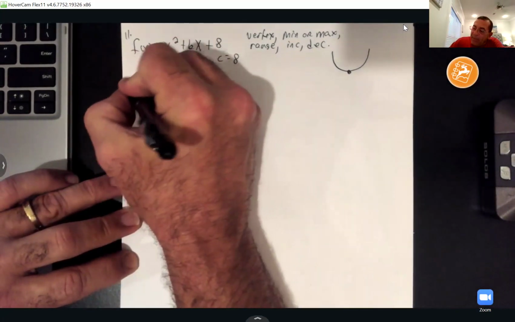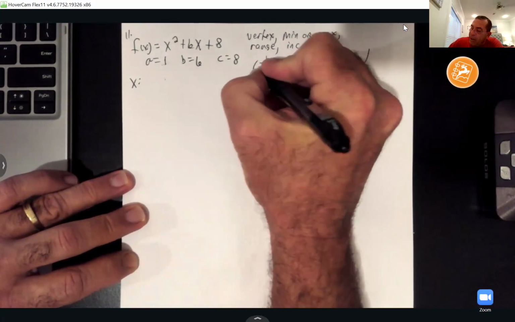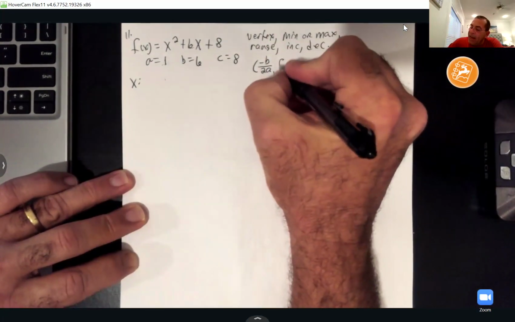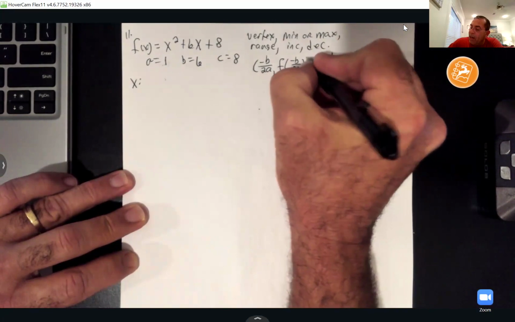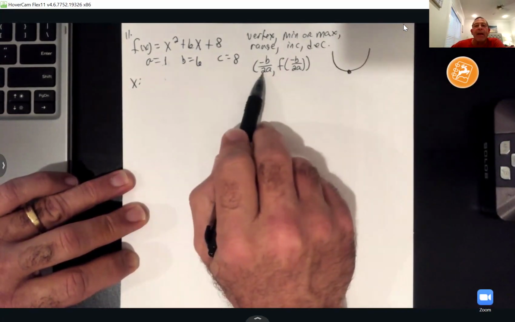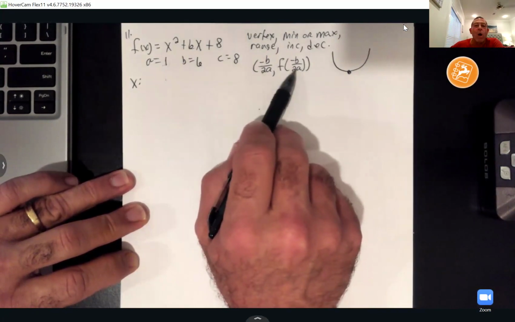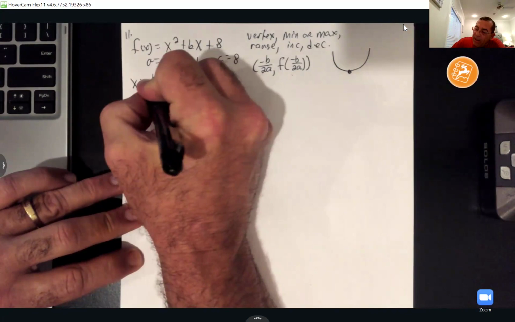So remember how I got my x value? Let's put our formula, negative b over 2a, and then f of negative b over 2a. So we find the x value, then we plug the x value into here to get the y. So the x is negative b over 2a.